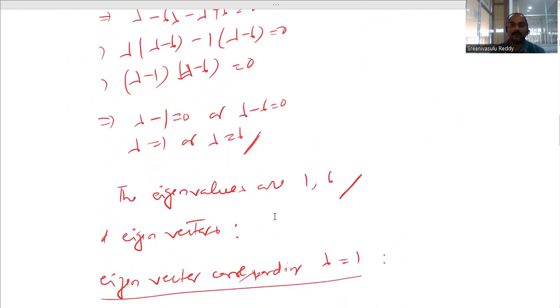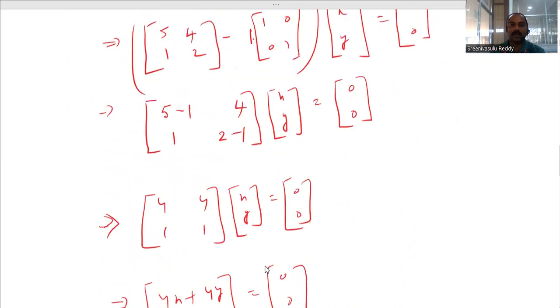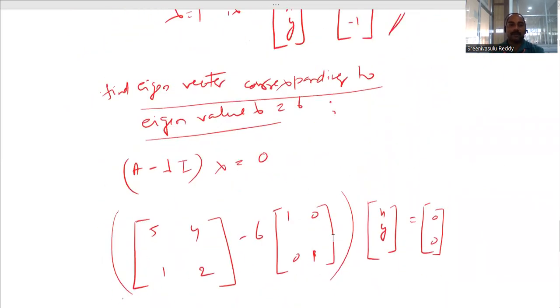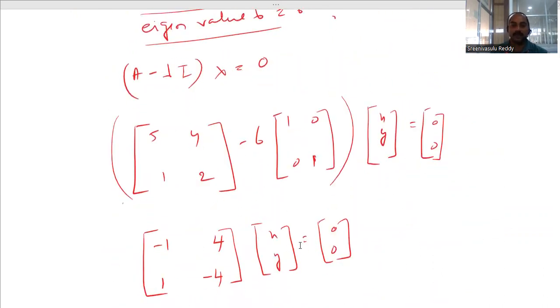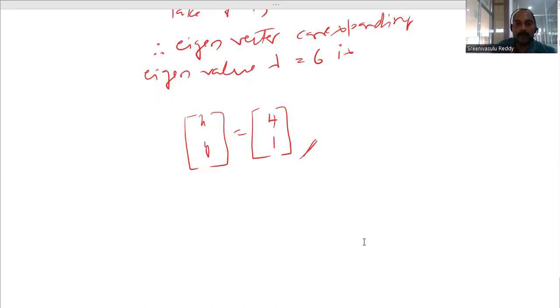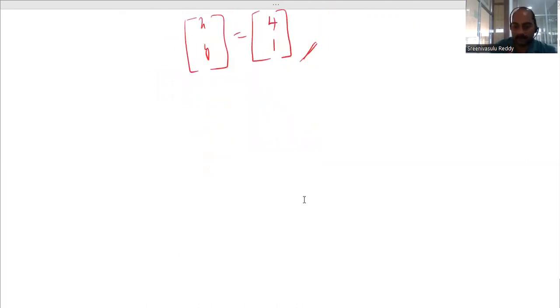First find the eigenvalues. We get two eigenvalues and corresponding eigenvectors. After finding the corresponding eigenvectors, say the first is x1, the second is x2. Therefore, matrix P equals x1, x2.